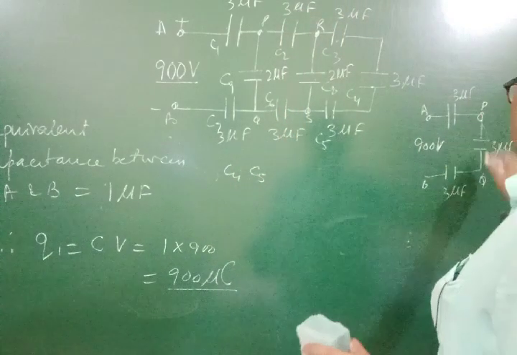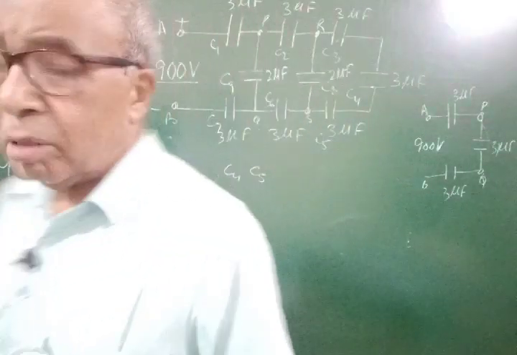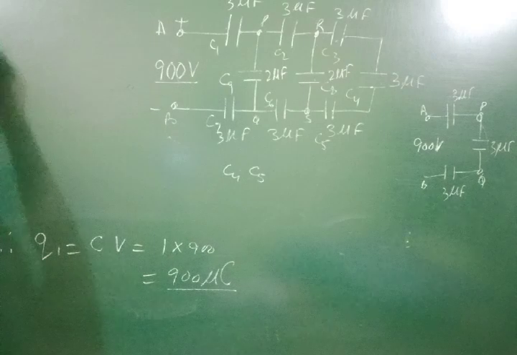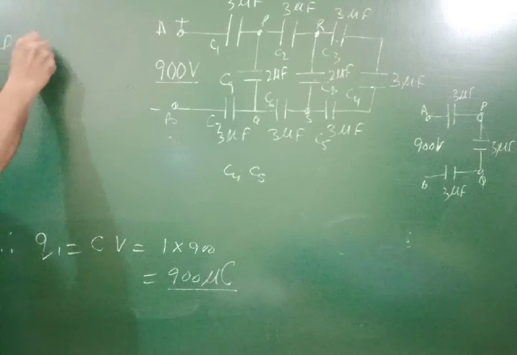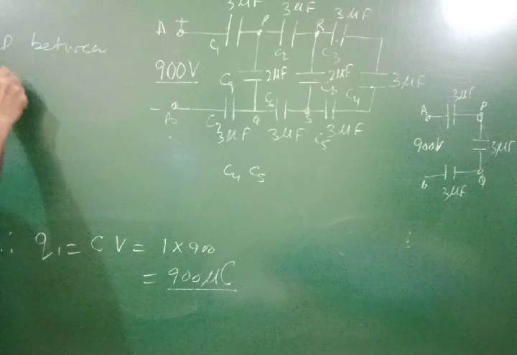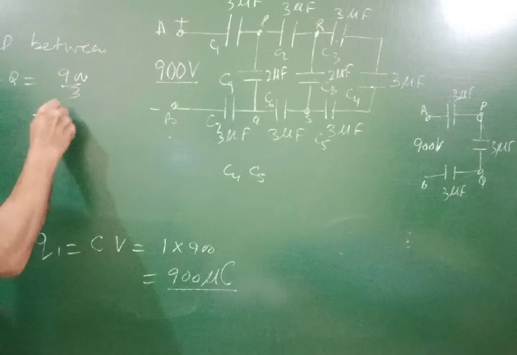So potential difference between P and Q is equal to 900 upon 3, 300 volt.